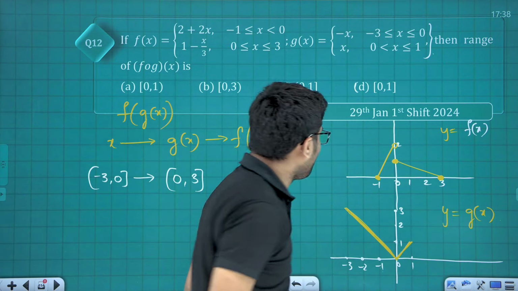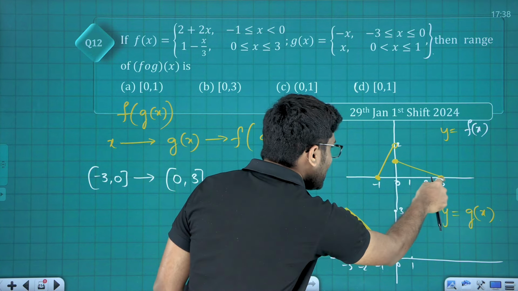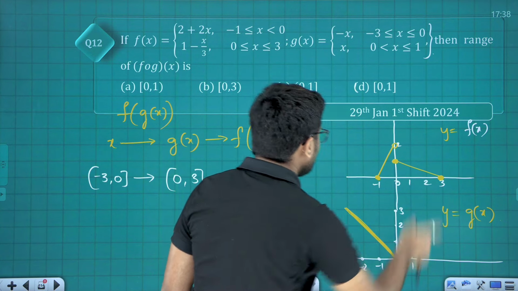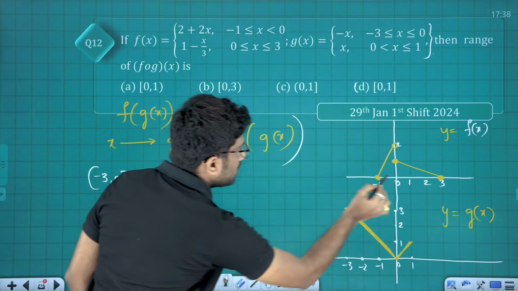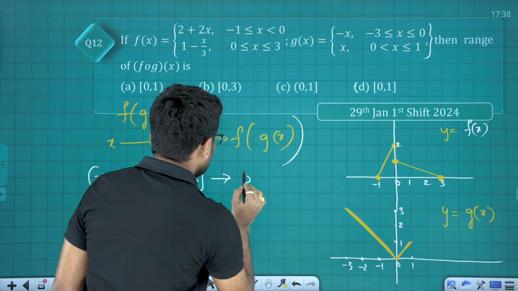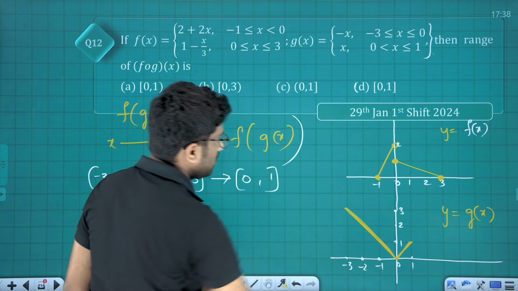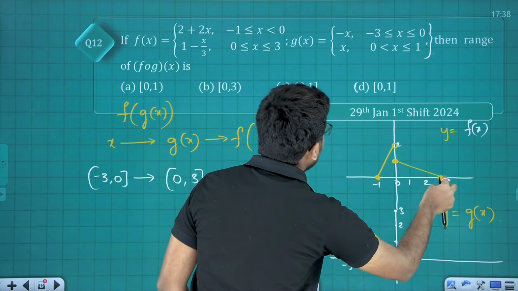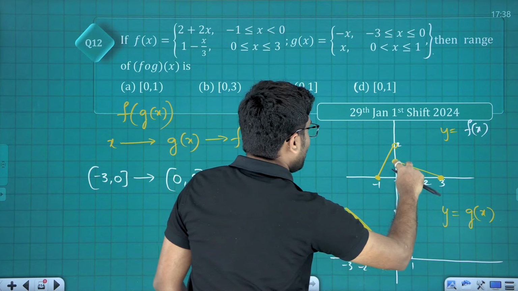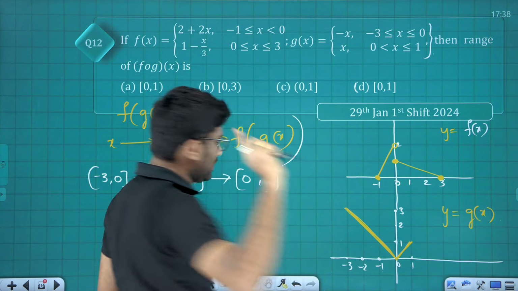It will be ranging from where to where? Clearly it will range from closed 0 to 1. Clear? For x belongs to 0 to 3, f of x will be ranging from 0 to 1.